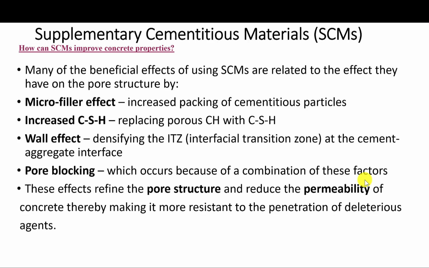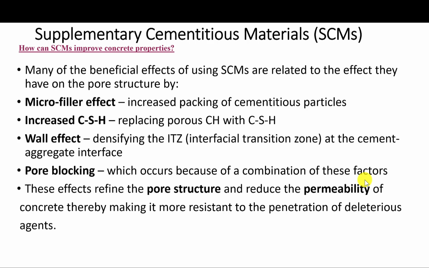Okay, so let's just generally see what benefits we can get from the SCMs in terms of improving the concrete properties. Many of the beneficial effects of using the SCMs are related to the effect they have on the pore structure.